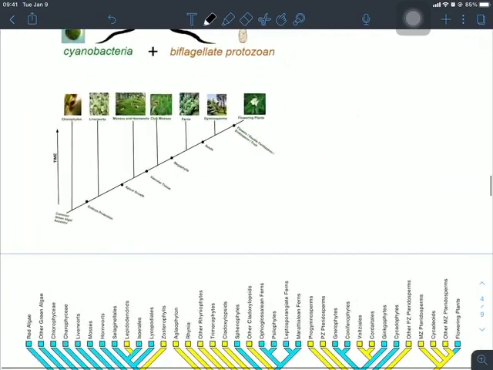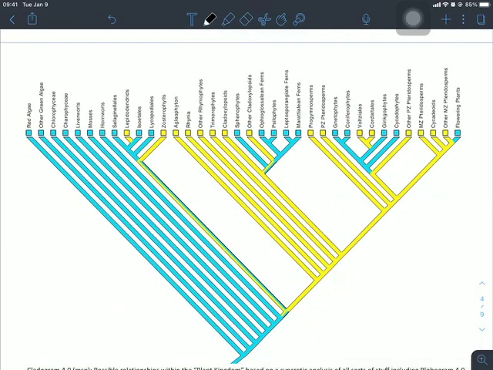Well, not this many branches, even though you'll notice that this tree doesn't compile all flowering plants into a single branch, despite the fact that right now on planet Earth, there are more flowering plants than anything else. But it does include a lot of extinct species. Yellow is everything that's extinct. Teal is everything that's extant.